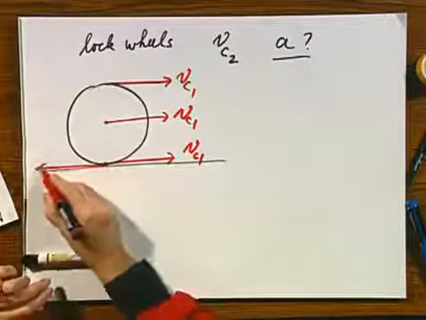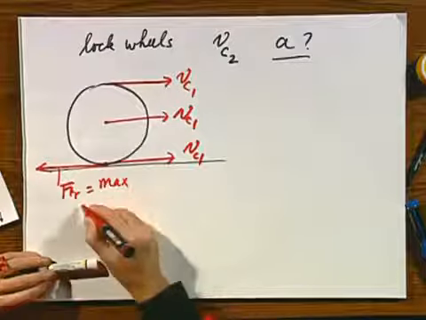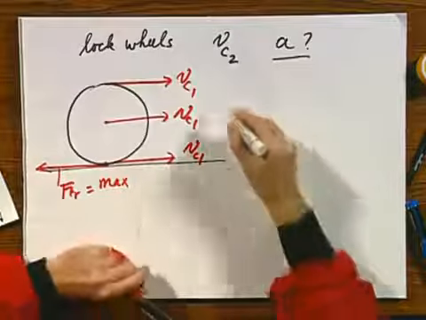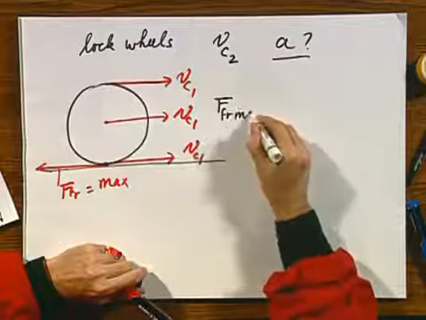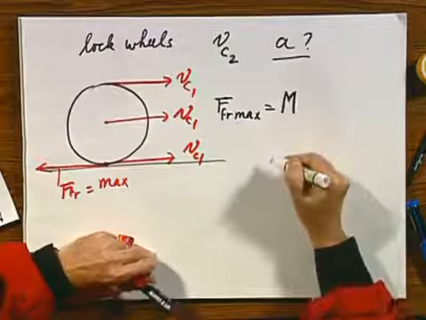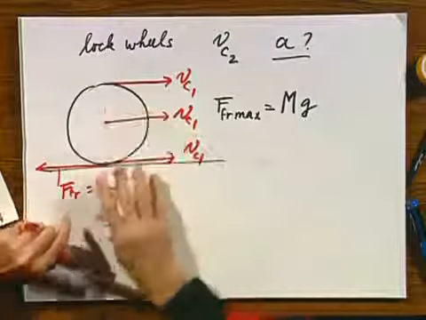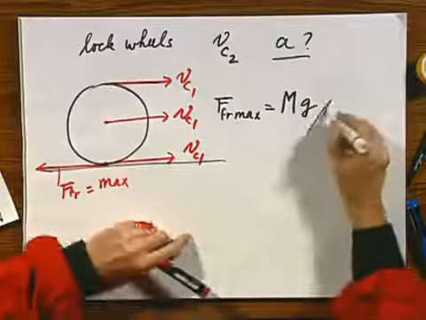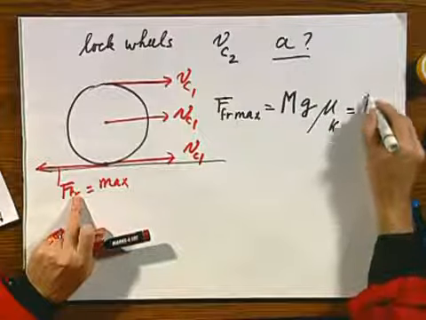And here I will have a frictional force, which is the maximum value possible because the whole thing is skidding. I'll take all 4 wheels together, it makes no difference. The normal force is the total mass of the car times g. All these 4 wheels together must push back upwards with a force mg, times the friction coefficient mu k, which is the kinetic friction coefficient because it's sliding, and that must be ma.